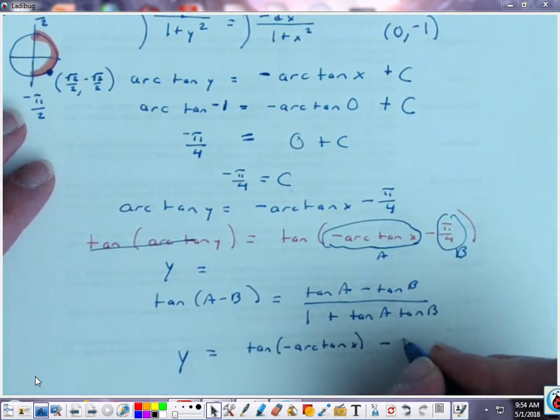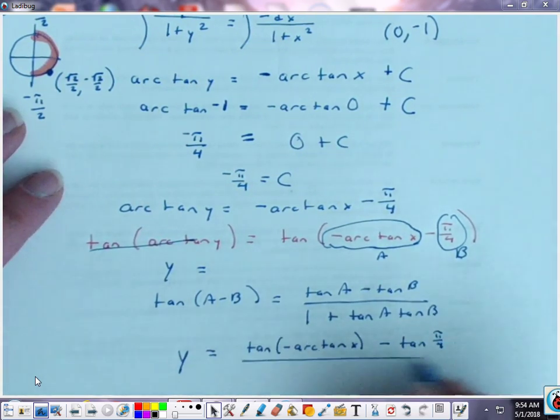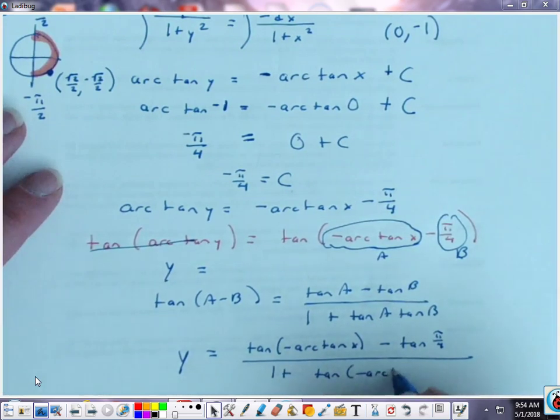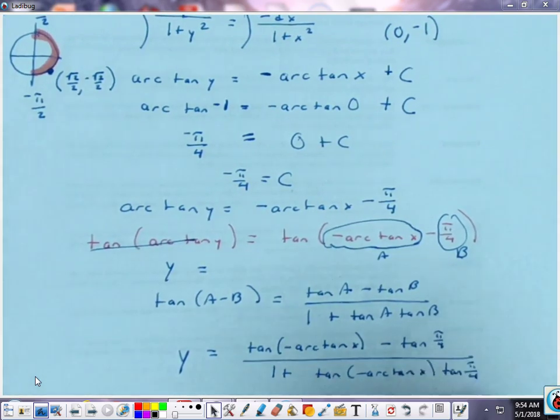And then I'm going to have minus the tangent of pi over 4, over 1 plus the tangent of negative arctangent x times the tangent of pi over 4. I'm not done. Did I miss a plus sign? I don't think so. That's 1 plus those two things multiplied.